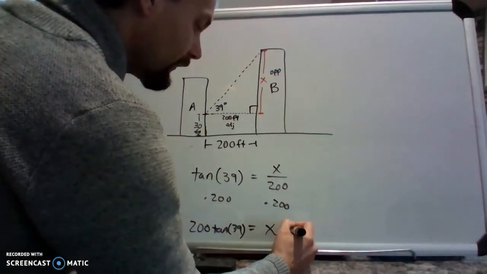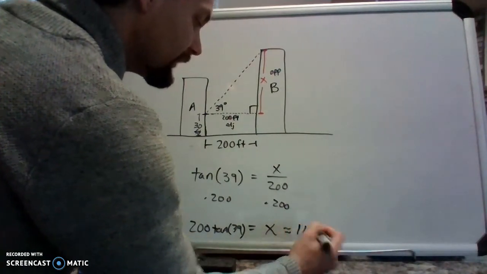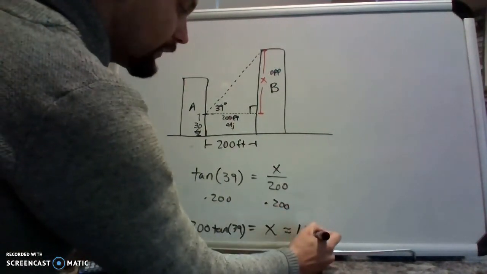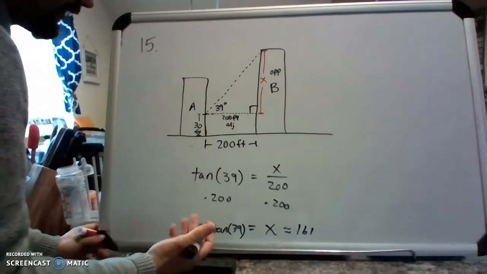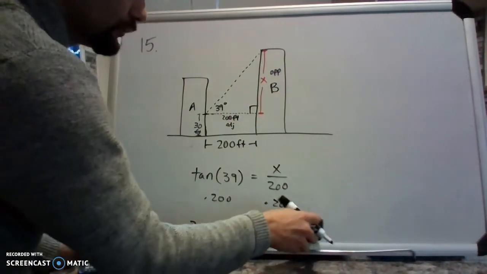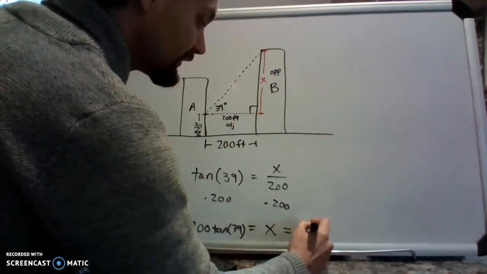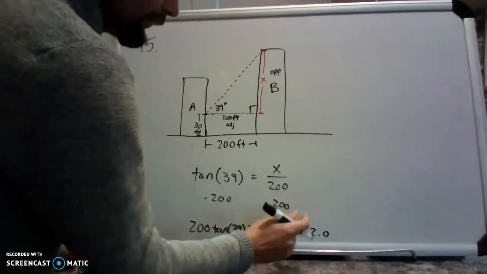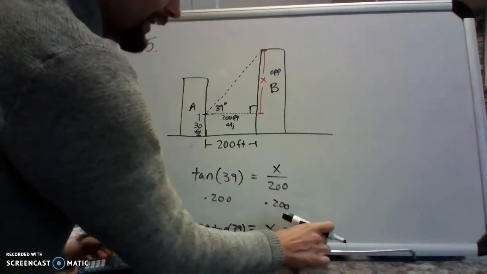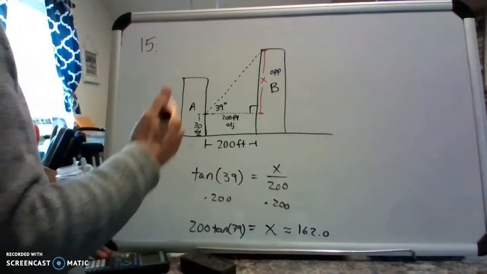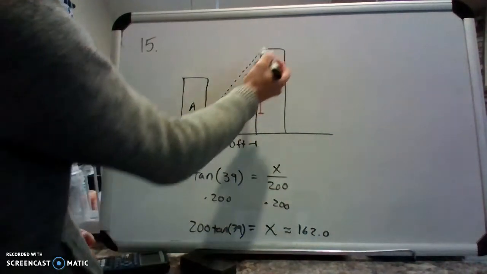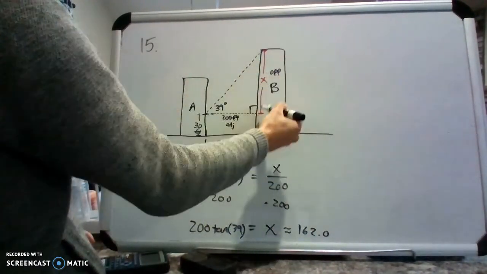So the value of x comes out to be approximately 161.95. If we round it off to the first decimal place, that'll actually bump us up to 162.0.